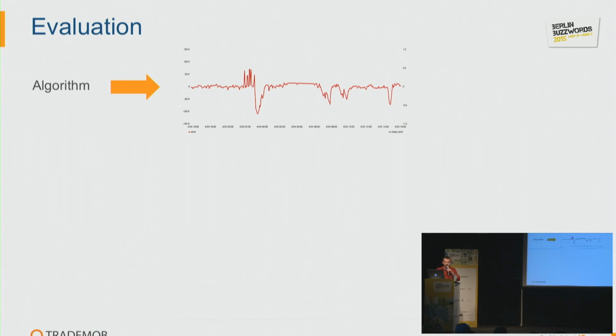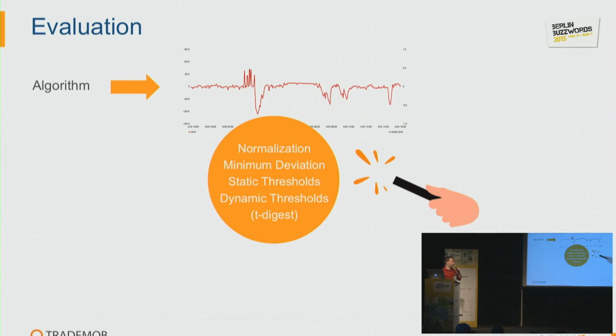So there are several ways, and this is actually a big part of the whole problem, how to judge those distributions. Just to name a few, you can use normalization, for instance. If you have a broad range of your incoming metric, you can set minimum deviations. You can use static thresholds.